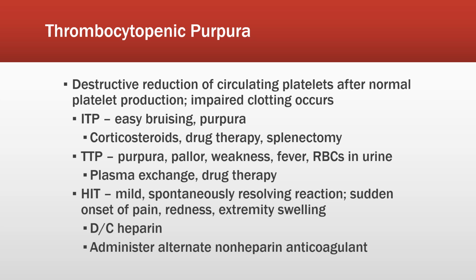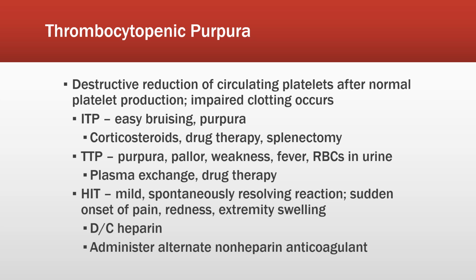The first one is called ITP, or idiopathic or immune thrombocytopenia purpura. It's an autoimmune disorder in which the lifespan of the platelets decreases by antiplatelet antibodies, meaning your body attacks its own platelets.